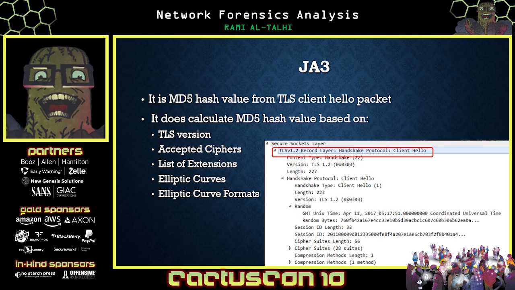So talking about JA3 now, it's a way to read the hello packet of the TLS handshake, as we know. And as you can see from this picture, JA3 will calculate a couple of fields from the TLS hello packet and will provide you with an MD5 hash.